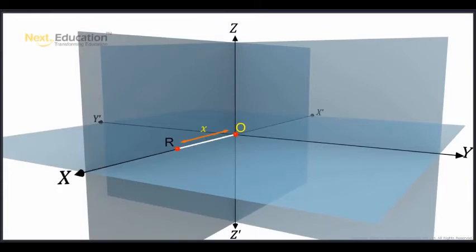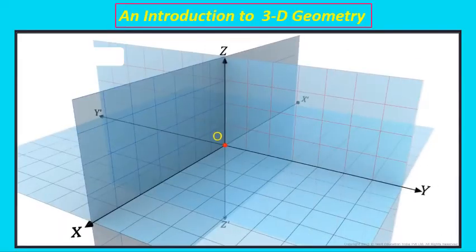Next, we draw a perpendicular of length y from point R and parallel to the y-axis on the xy plane to a point, say Q. Lastly, we draw a perpendicular of length z from point Q, perpendicular to the xy plane.